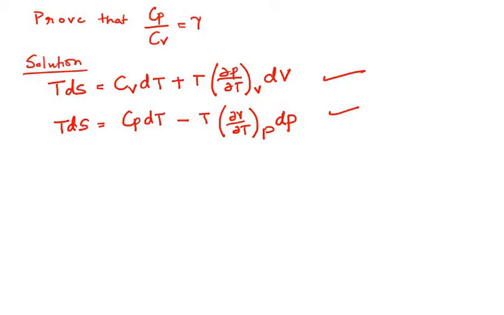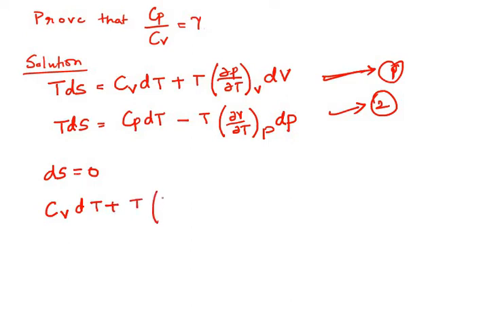So at constant entropy, dS is equal to 0. So equation 1 will become like this: Cv dT plus T into dou P by dou T at constant volume into dV equal to 0.